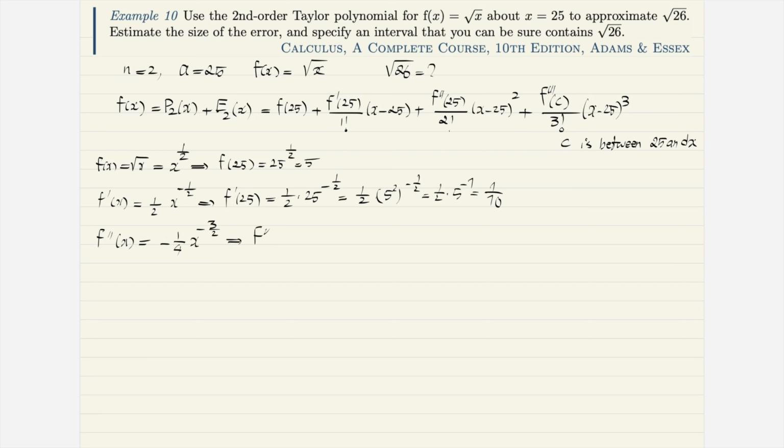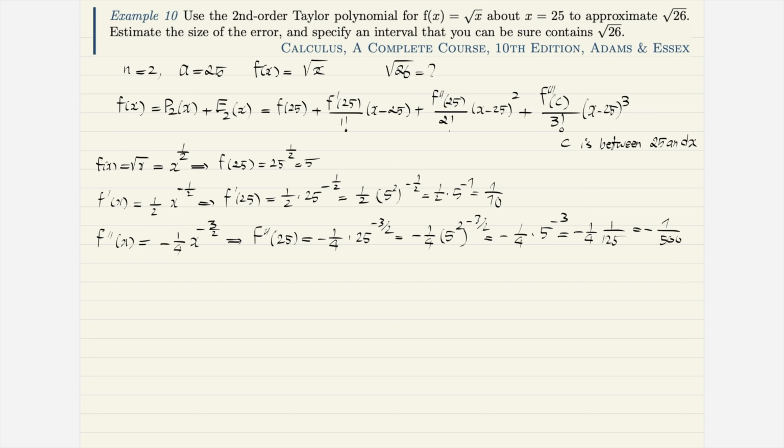And then f double prime of 25 becomes minus 1 over 4 times 25 to the power minus 3 over 2, and exactly as before, it's minus 1 over 4 times 5 to the power 2 to the power of minus 3 over 2. So it's minus 1 over 4 times 5 to the power minus 3, which is minus 1 over 4 times 1 over 125. So it will be minus 1 over 500.